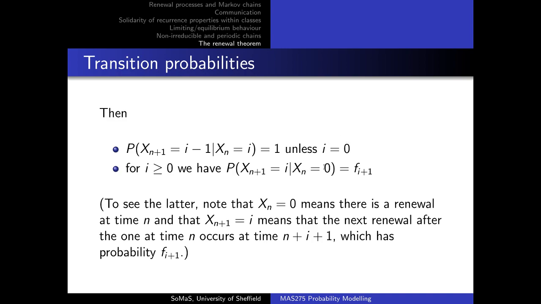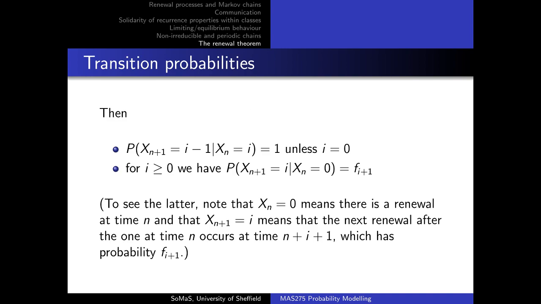If we're given xn equals 0, this means we've hit a renewal, and then we're going to jump to level i if the renewal time is i+1, because remember, because of the structure, we end up already waiting 1 unit. This is explained again as I just said it: xn equals 0 means there's a renewal, and xn+1 equals i means that the next renewal will occur if we wait i+1 units of time. So that has probability f(i+1).